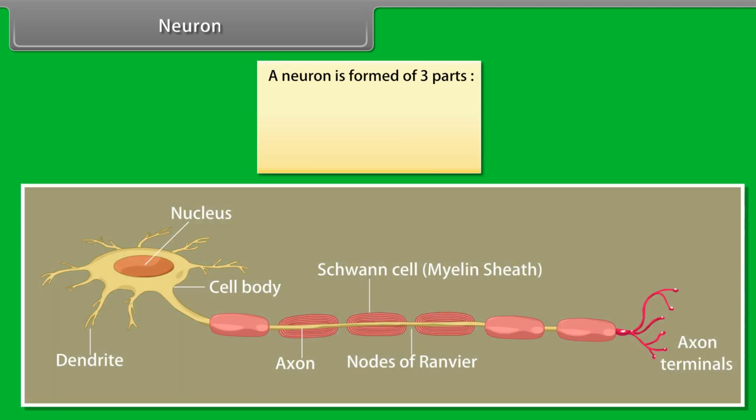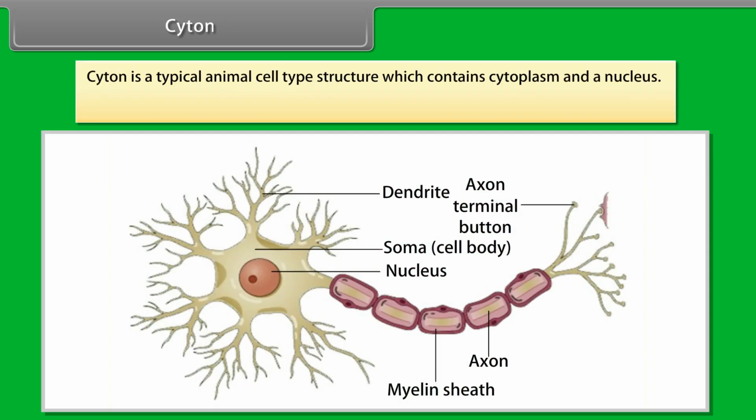A neuron is formed of three parts: cyton, dendrites, and axon. Cyton. The cyton is a typical animal cell type structure which contains cytoplasm and a nucleus. It is spherical in shape, about 4 to 135 μm.